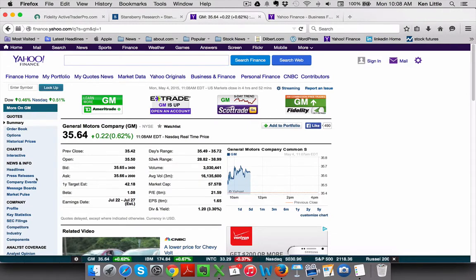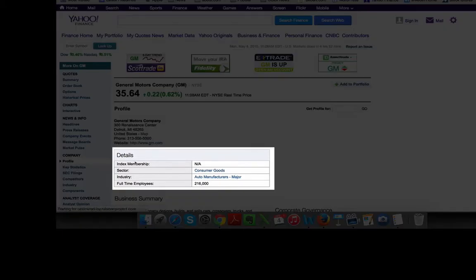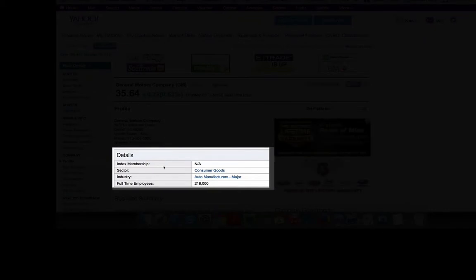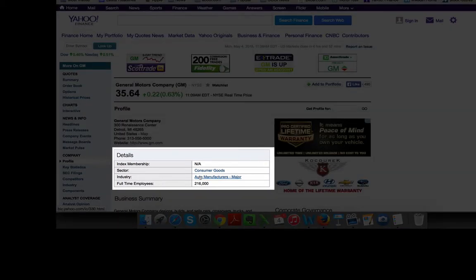Now, if we move over here and go to Profile, you'll notice that Yahoo Finance has the sectors and industries broken out in a manner particular to them. The sector that GM falls into is consumer goods. The industry is auto manufacturers major. Morningstar.com may do it a different way.